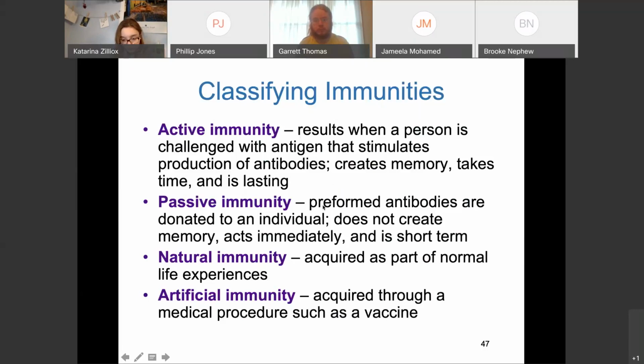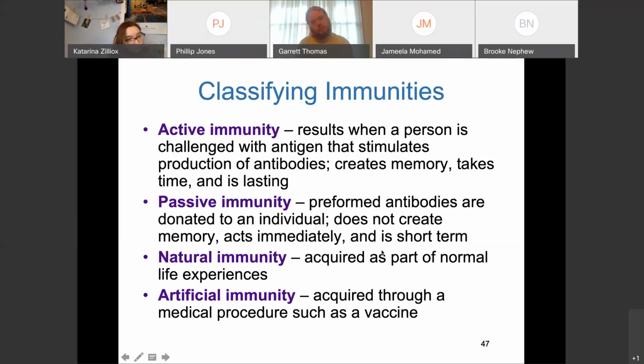We can take antibodies from someone else's blood. We have antibodies for snake bites, spider bites, or something toxic. When we have antibodies to it, we'll give them from somebody else. And these antibodies, we said last week, neutralize or opsonize these antigens so your immune system can go in and take care of them.